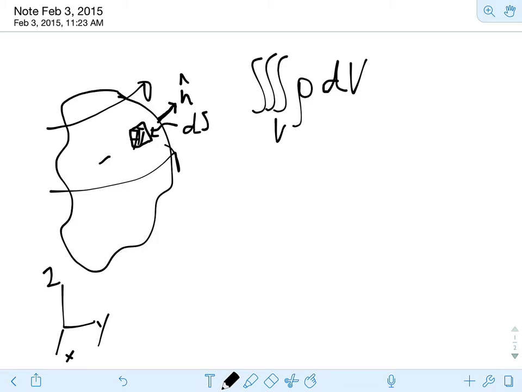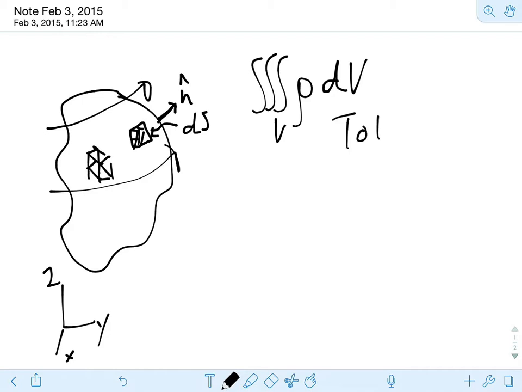It's a tiny chunk of the volume in here, and rho is the density of the fluid in that tiny chunk. So rho is a function of x, y, z, and t, and if we integrate over the volume at a given time t, we get the total amount of mass that's in there, and if we're using MKS, we get kilograms. So that's the total mass.